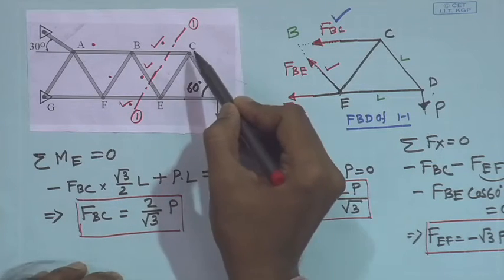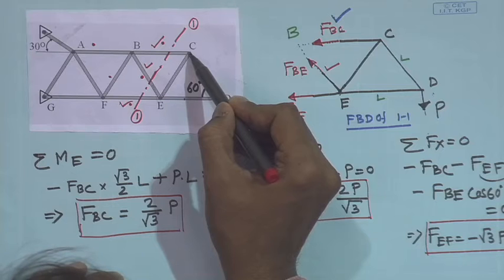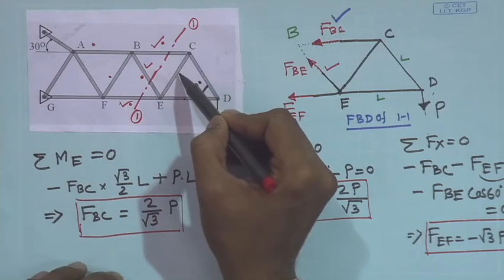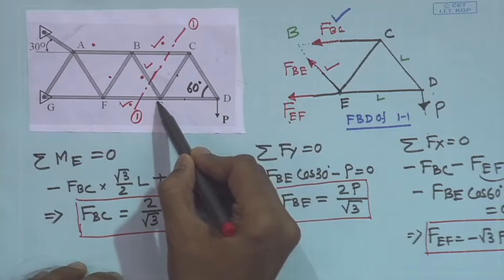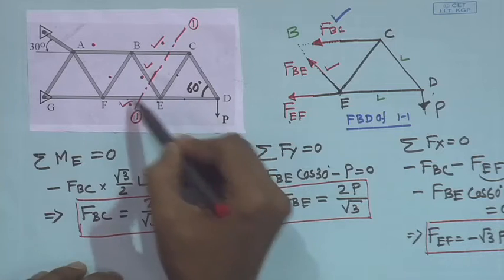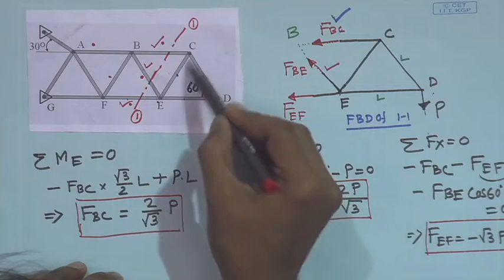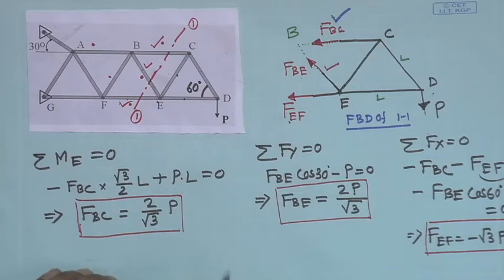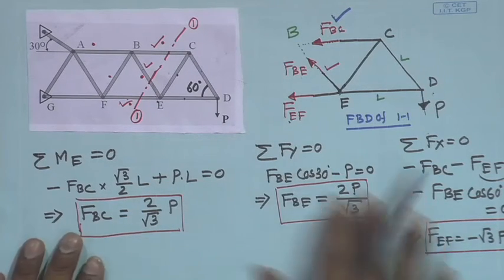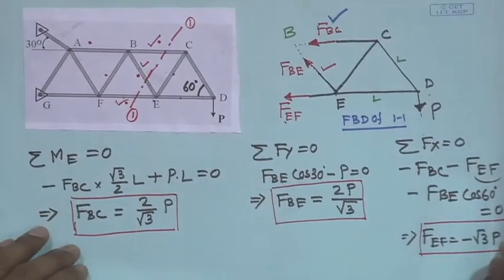Once you have this, consider the next joint and calculate the forces in these members, and then consider the next joint and calculate forces in these members. So we would have to use free body diagrams of 3 joints, but in this case just by one section we could determine the member forces.